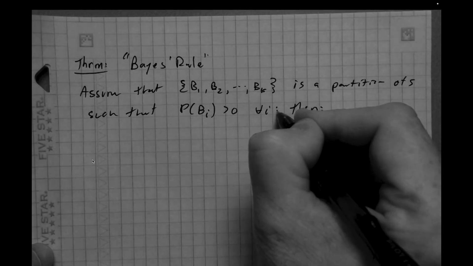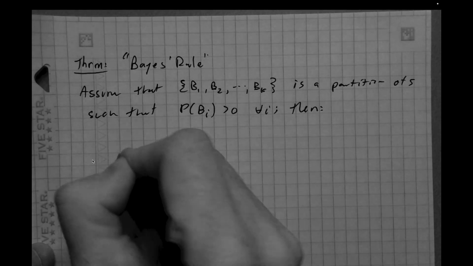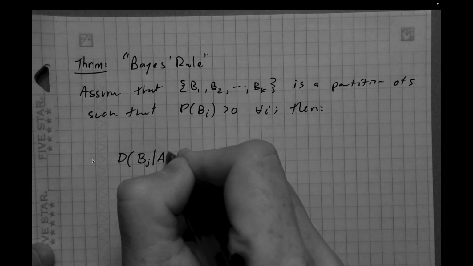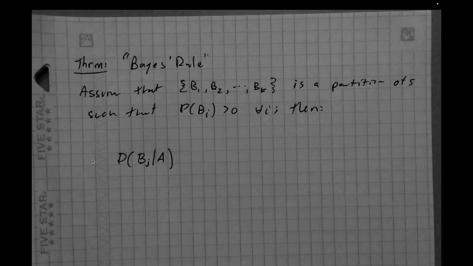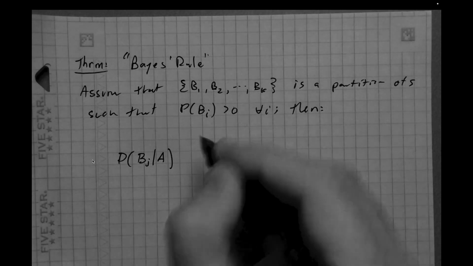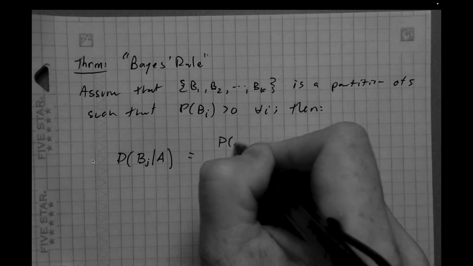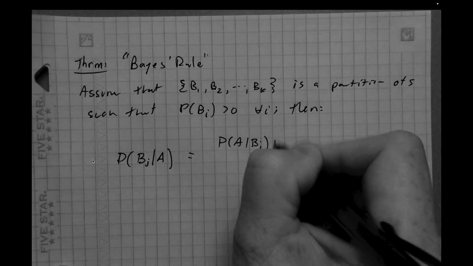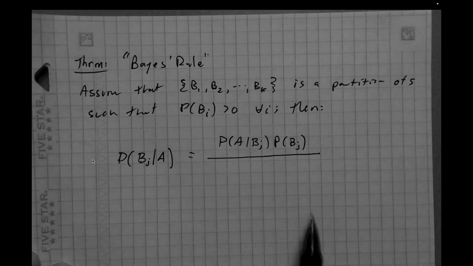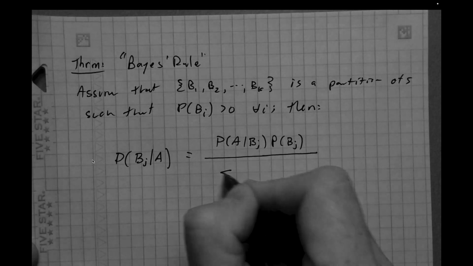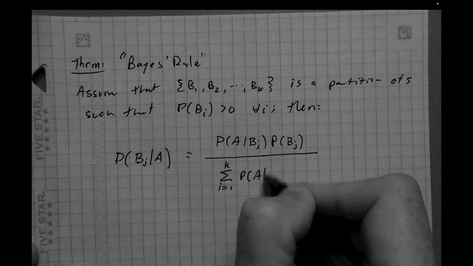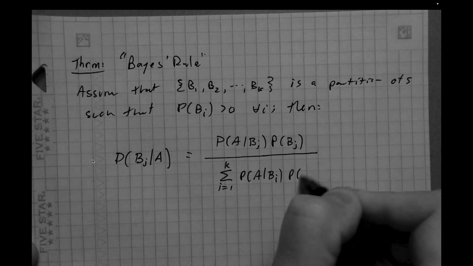Bayes' rule says that the probability of Bj given A, so the probability of one of these events given A, is equal to the probability of A given Bj times the probability of Bj, all divided by, now this is the law of total probability in the denominator here, a sum from i equals 1 up to K of the probability of A given Bi times the probability of Bi.